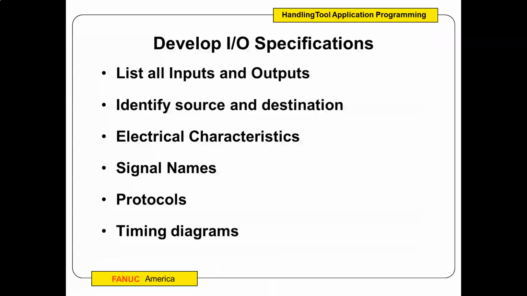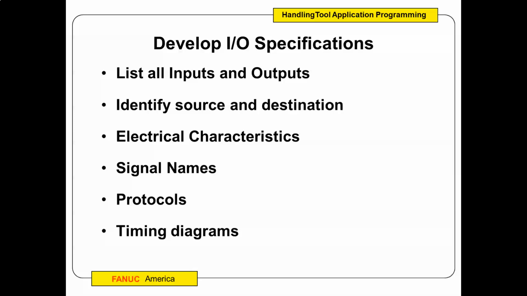All right, so now once you're thinking about how to use I/O in a program, the very first step, and this will a lot of times get you all the way through, is to think about what all the inputs and outputs are in the system. This is a really good thing to do if you're doing a new system, or modifying a system: get a list of all the I/Os there.